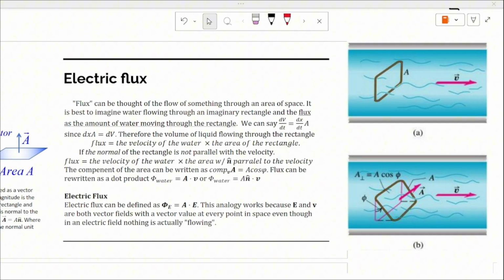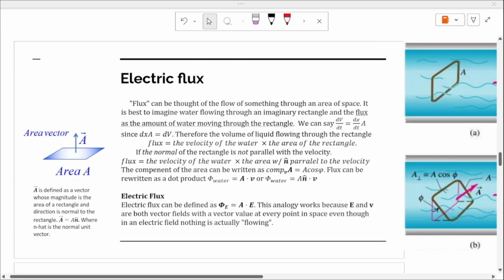So what we're actually looking for is the component of area perpendicular to the fluid flow. Or rather, if we're speaking of the area vector, which is perpendicular to the surface that has the area, then we're looking for the component of this vector parallel to the fluid flow, which is just the dot product, A dot v.